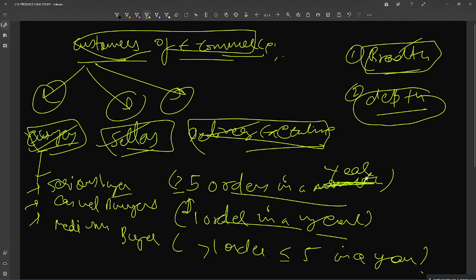So what we have written here is the same thing only, right? What new point have you mentioned? It is the same thing which we have covered.